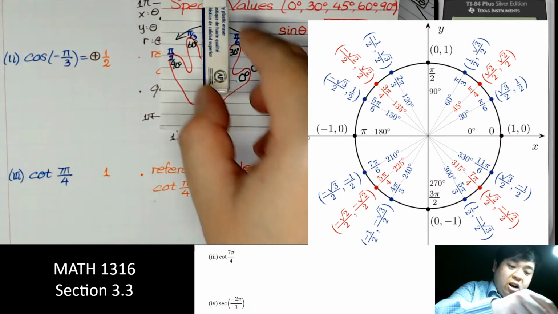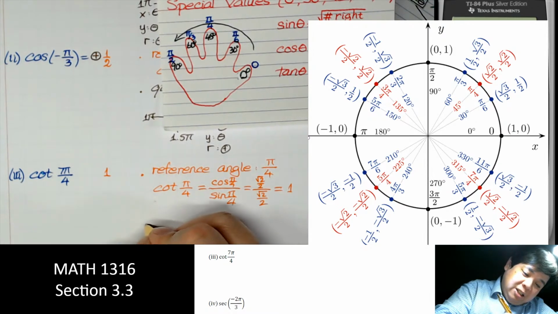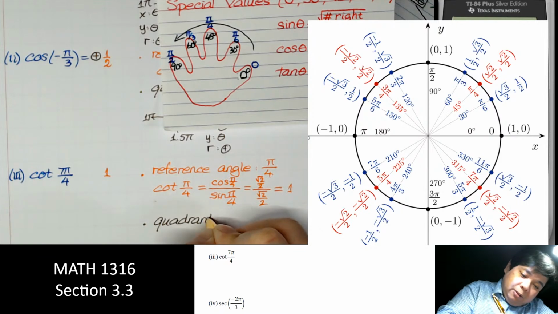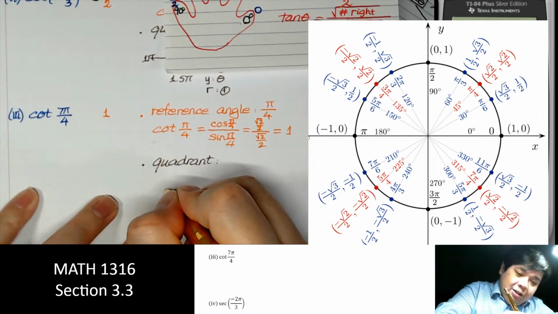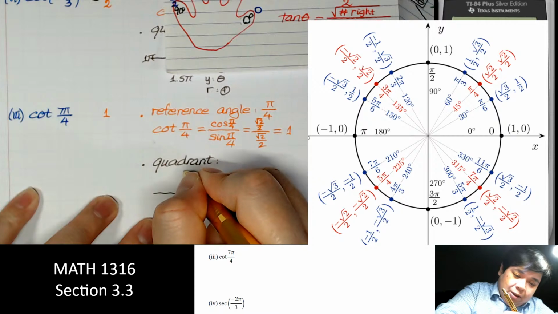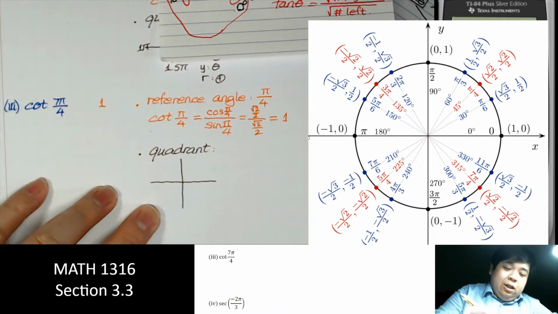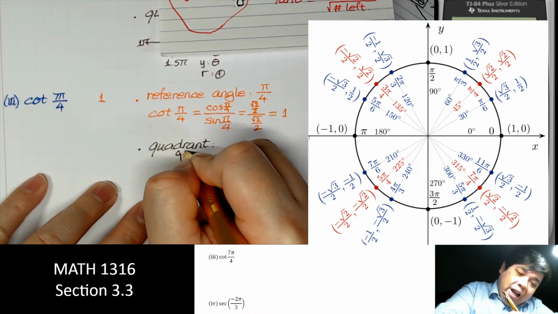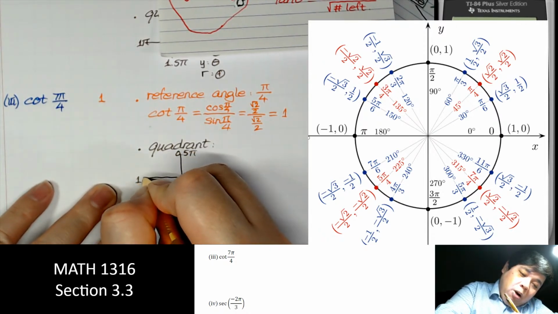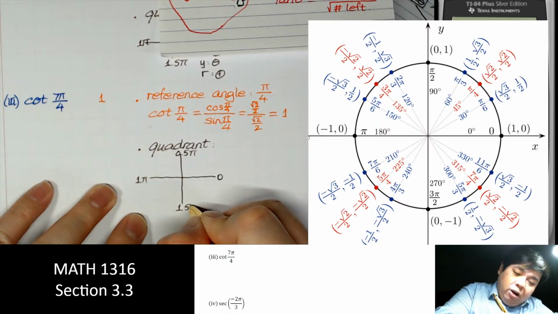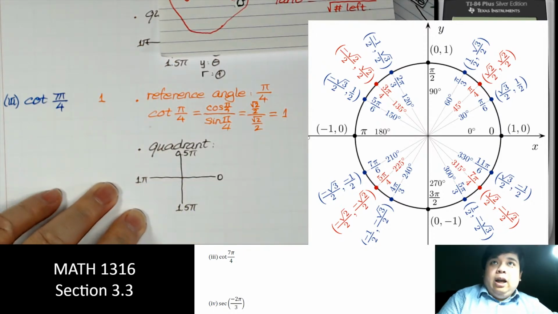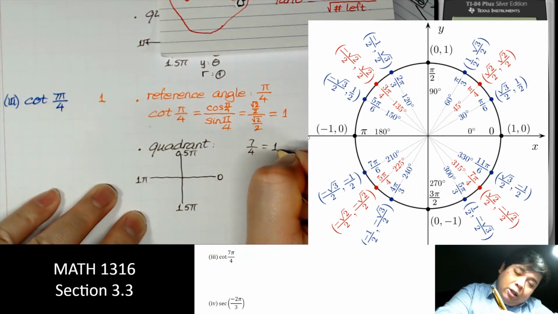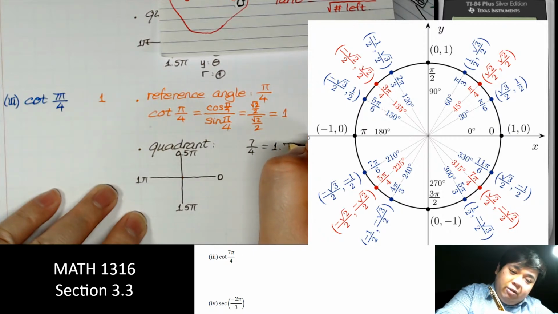Now we determine the sign. What quadrant is that? 0, half a pi, 1 pi, 1.5 pi. And 7 divided by 4 is 1.75.